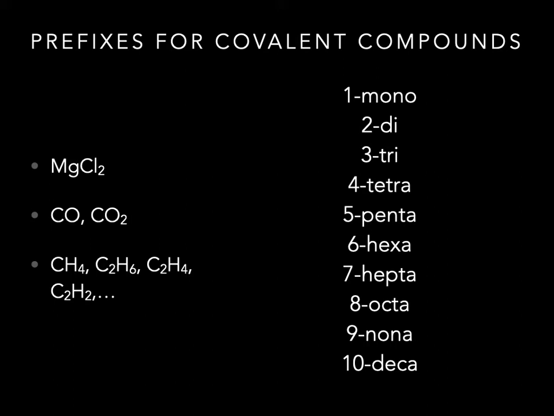So 4 in chemistry is tetra, but penta, hexa, hepta, 5, 6, 7, octa, as in octopus, right? So we've seen these other prefixes, so really you just have to make sure that you know that 4 is tetra. But you should write those down, commit them to memory, because you're going to need to be able to use them.